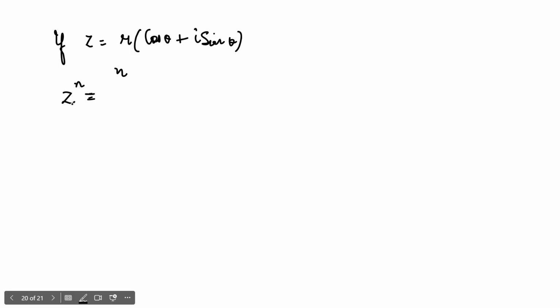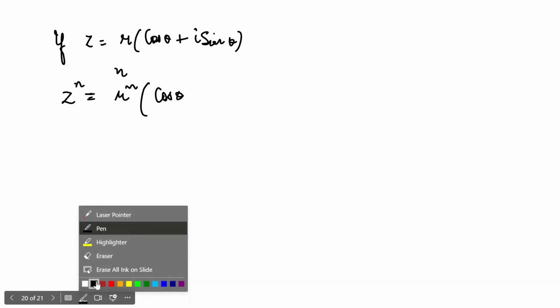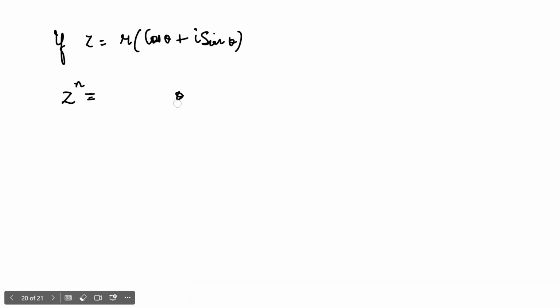The exponent of this complex number, z raised to the power n, will equal r raised to the power n multiplied by (cos n theta plus i sin n theta).